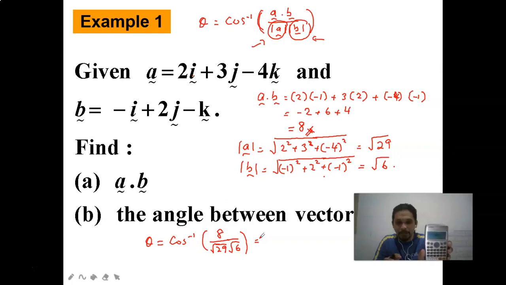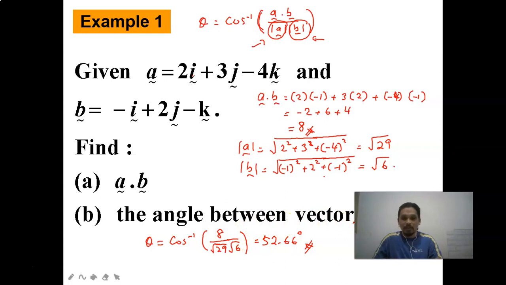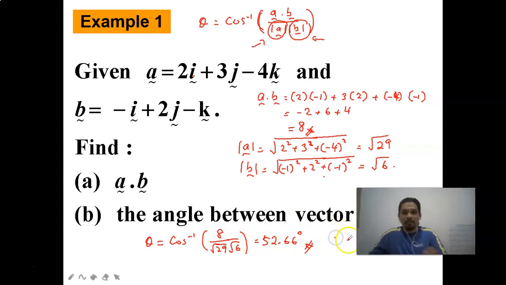Then press the equal button here. Okay, you see here now, it gives us 52.66 degrees. There you go. So this is the angle between the vectors A and B according to the question of example 1.